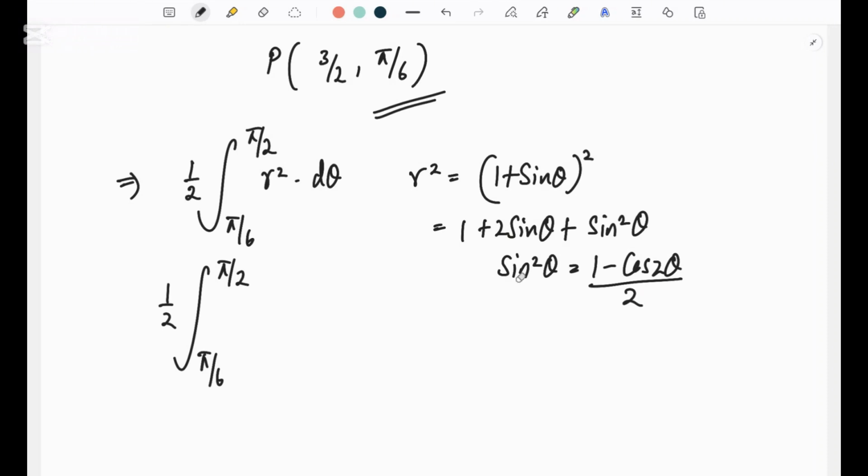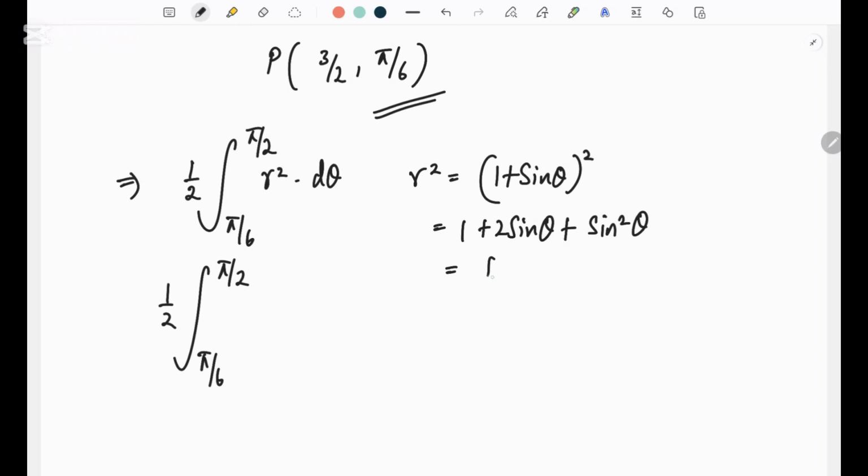If you want to know how I got that, you should know that cos 2 theta equals 1 minus 2 sine squared theta. So then sine squared theta equals 1 minus cos 2 theta over 2, right?